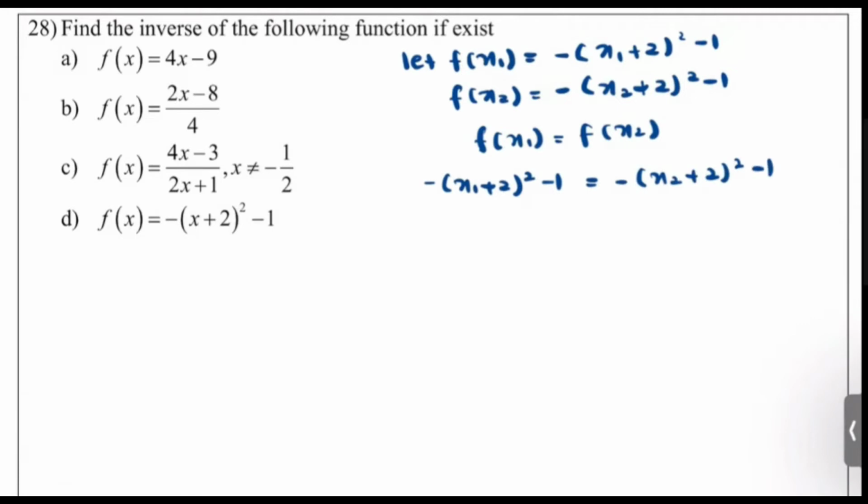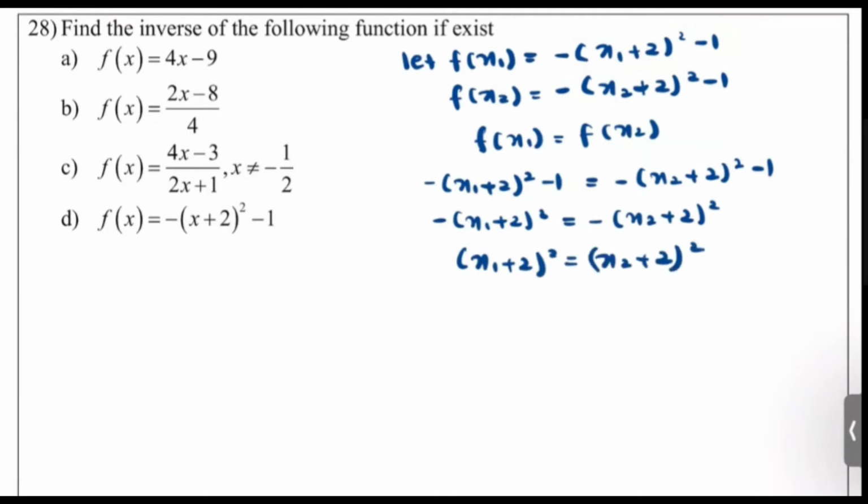So we bring the negative 1 to the other side, so it becomes positive. Negative 1 plus 1 gives 0. So we have negative x1 plus 2 squared equals negative x2 plus 2 squared. Then bring the negative to the other side, so it becomes negative divided by negative, which is positive 1. So we have x1 plus 2 squared equals x2 plus 2 squared. Then the square is brought to the other side as a square root.